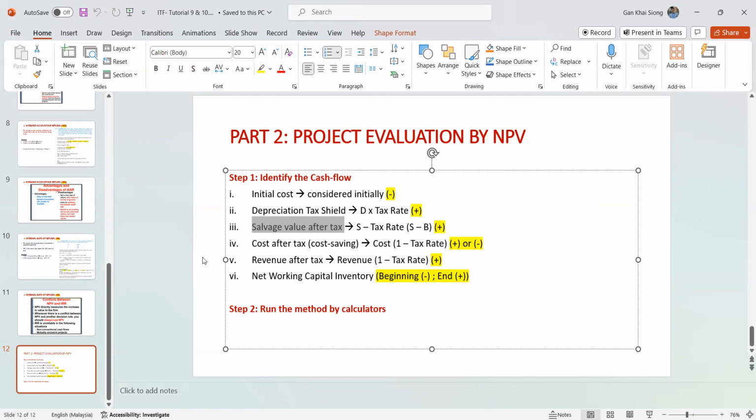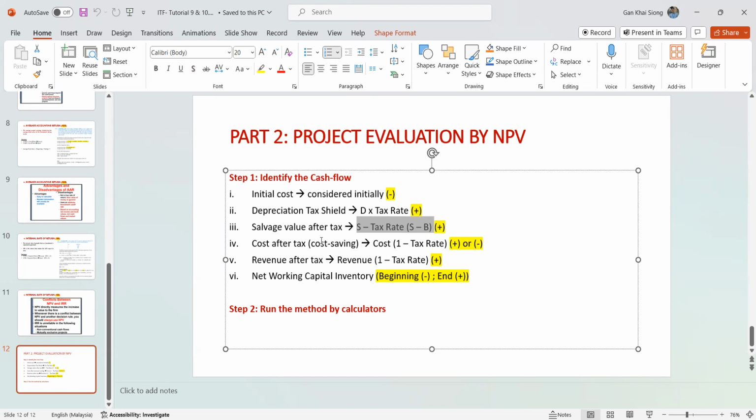You receive the salvage value minus tax rate bracket S minus B. Why do we need to do that? Because I need to minus the taxes that I pay for this salvage value. So this is the formula for salvage value after tax. Are you earning something from here? You are, so it is positive.